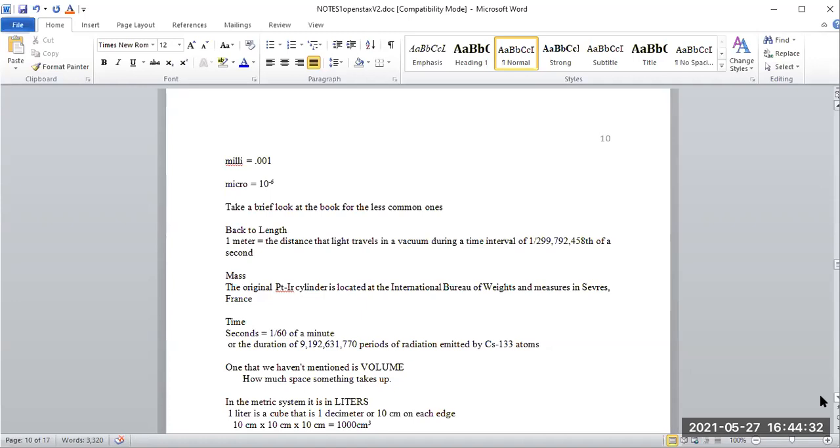They did a calculation because obviously light in a vacuum has an immutable speed. If you use that tiny, tiny fraction of a second, 1/299,792,458, okay, so tiny, tiny fraction, you will get a meter. That's how far light travels in that particular time period.